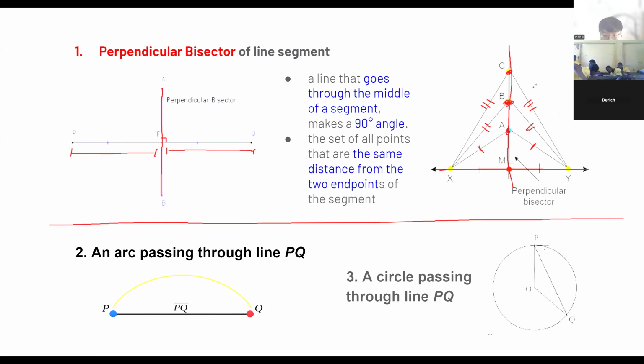Any point that lies on the perpendicular bisector has two equal lengths from the sides. Does this make sense to everyone? This idea of perpendicular bisector.